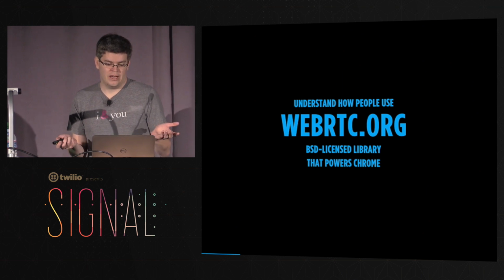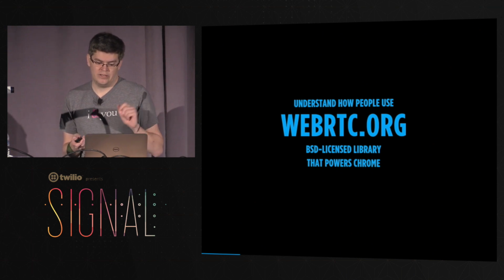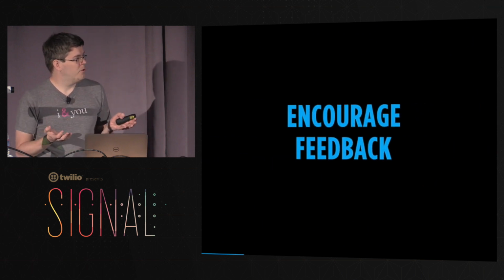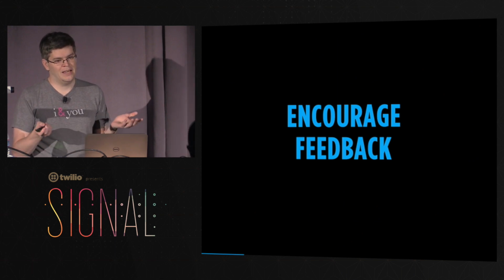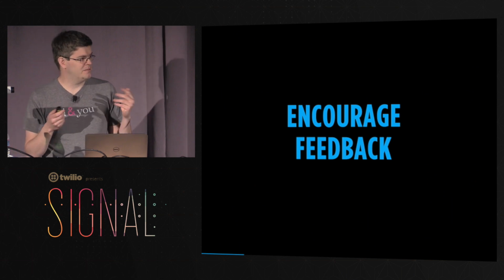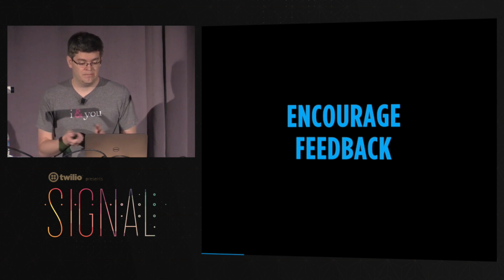Like our Talkie iOS app is powered by it, the Appear.in applications for iOS and I think Android as well, and numerous others. Even more importantly, we want to encourage feedback, because often people take the library, make tweaks to it, enhance it, make it better suited to mobile, and then don't contribute back, which is pretty sad.